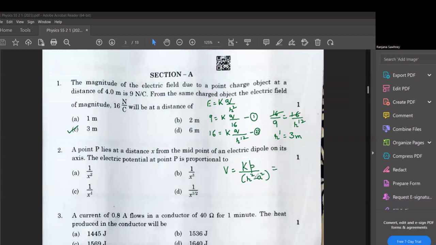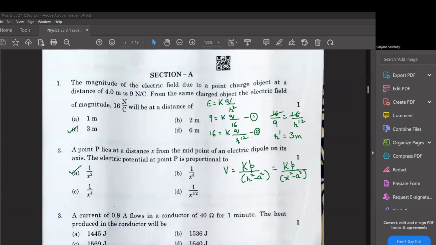Here R is equal to x, so it can be written as K p upon x square minus A square. 2a is the dipole length. So here we can see that the potential is inversely proportional to x square. Hence, the A option is correct.